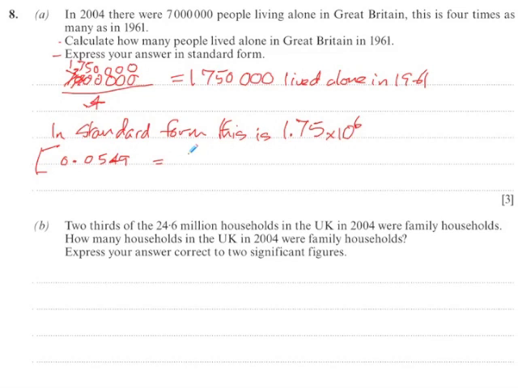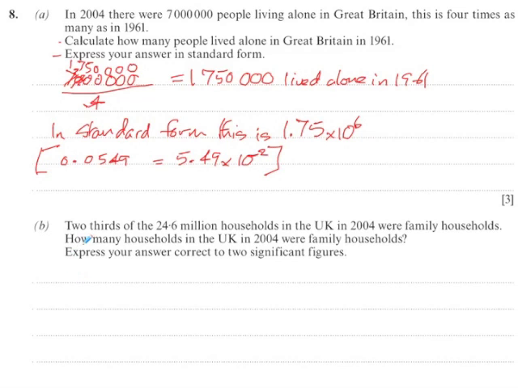So we've got 5 at the front, so it'd be 5.49 times 10. We've moved it 2 places, but we've moved it 2 places to the right this time. So we need to make that a negative number then. So that'll be 10 to the minus 2. Okay, so hopefully that explains standard form to you.